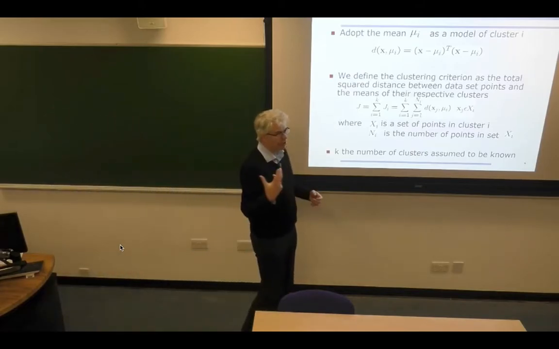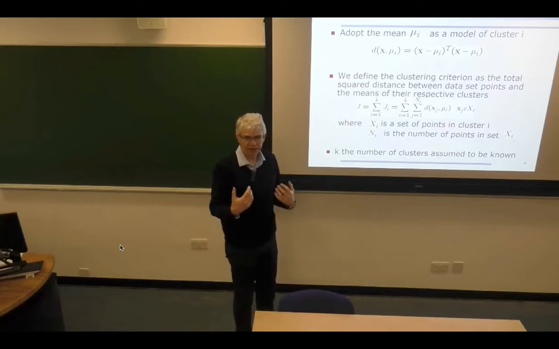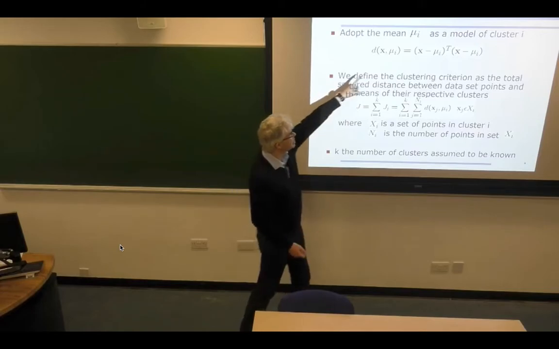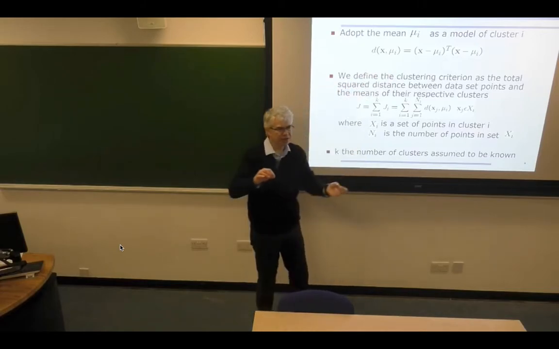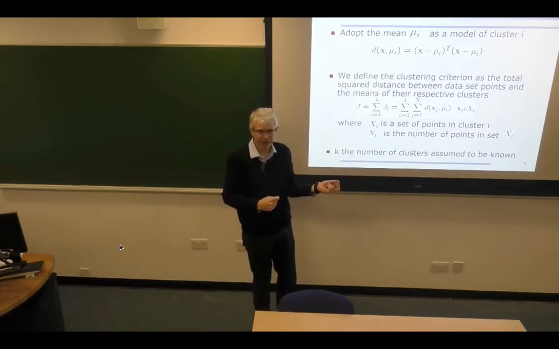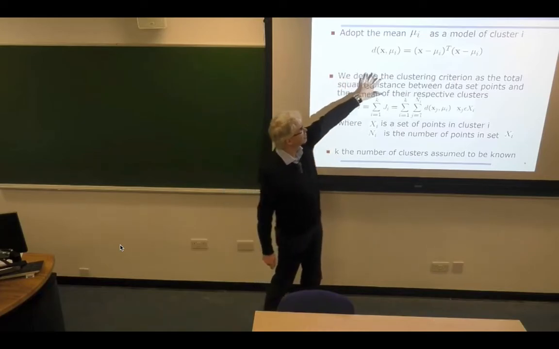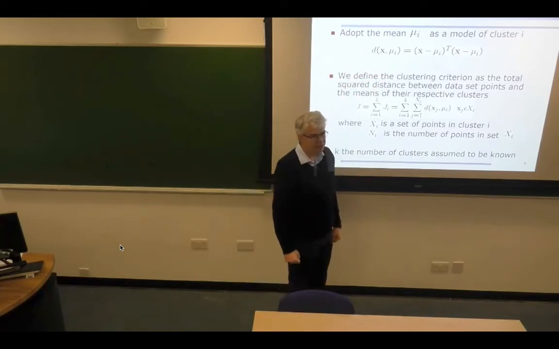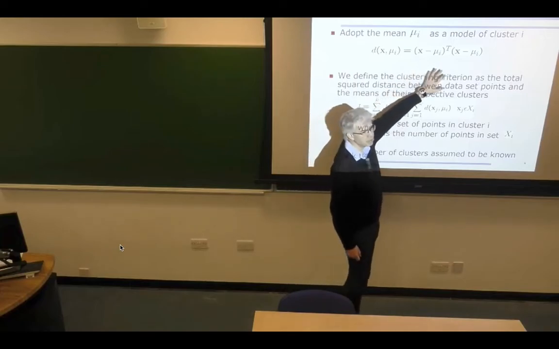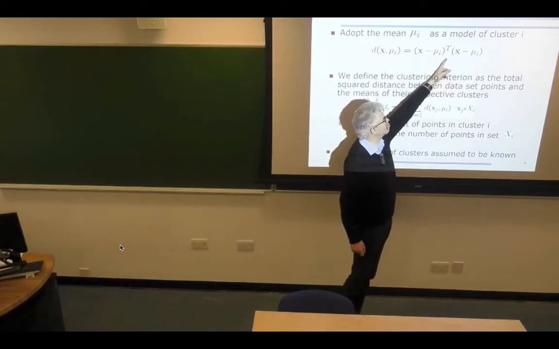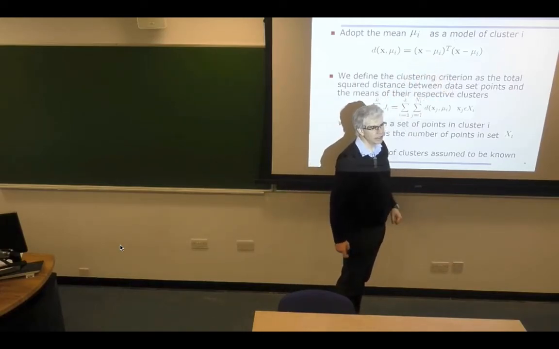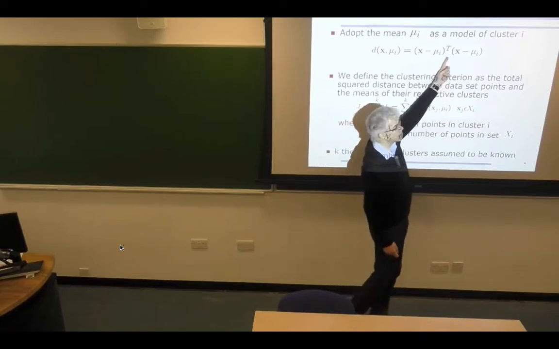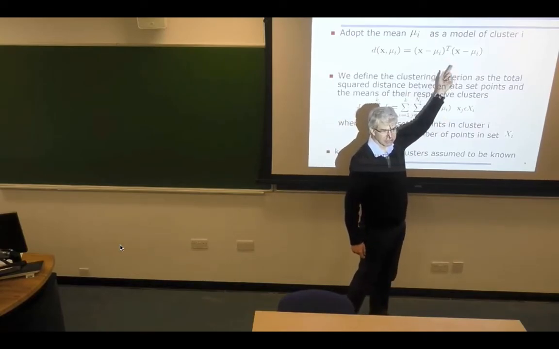And for this, it's a bit like the Gaussian classes that we had before. There's an idea of a mean, and then for all of our data points, we can measure how far they are away from that mean. Now here, for the k-means algorithm, we can use a very simple model. It's a bit like in the Gaussian normal model, where we had a sigma to the -1 in here and an exponent for something.